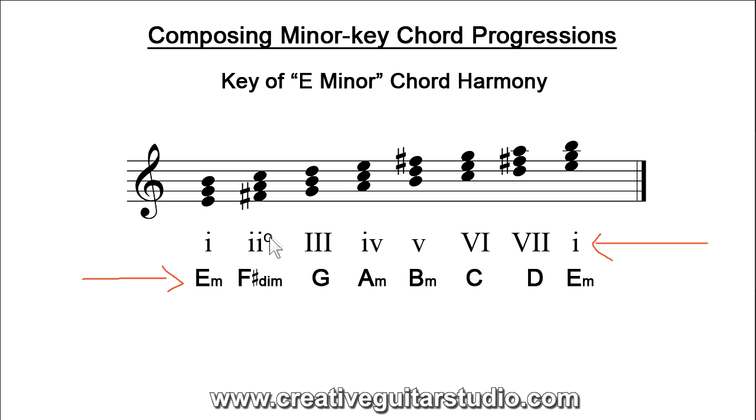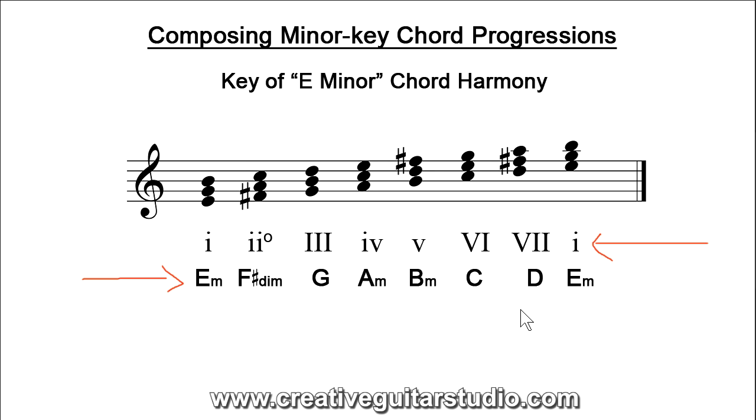This smaller 2 with the small degree symbol next to it is identifying that it's a minor chord with a lowered fifth, and that means it's diminished. The uppercase Roman numeral for 3 is identifying a major third degree. Smaller Roman numerals for the fourth and fifth steps are again both indicating minor. And then we have the larger uppercase Roman numerals for the 6 and the 7, once again identifying major chords.